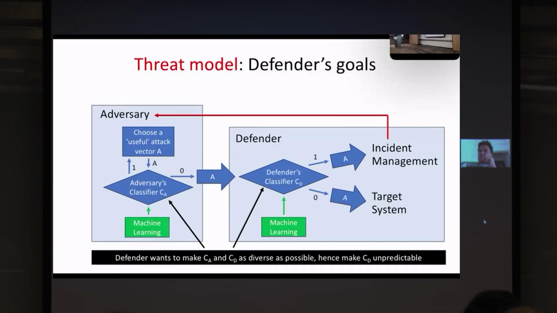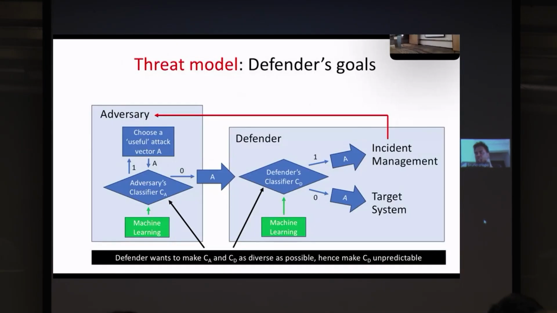He can try to build one, but it's likely to build one that is different from the one of the defender. The more different it is, the better it is for the defender, because then it will be difficult for the adversary to find correct adversarial examples.